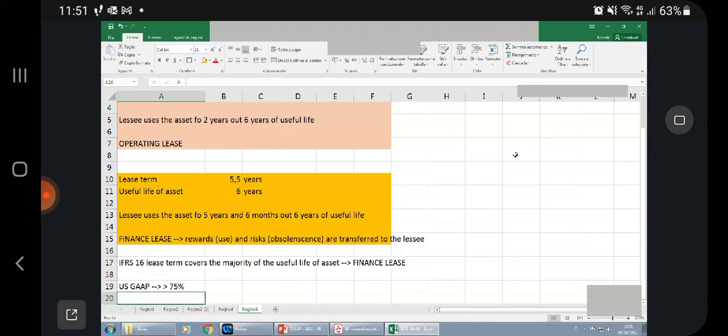It is not possible to read 75 there. But since US GAAP uses 75, most IFRS companies do the same. Okay? Is this clear for everybody?